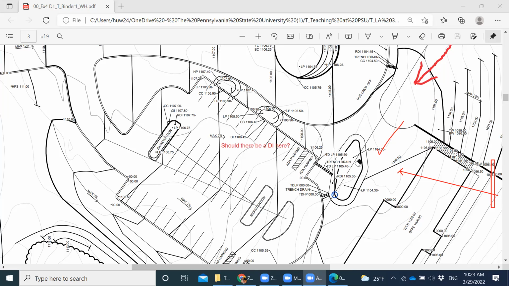Inevitably, it's going to be dirty water mixed together because that's the lowest point. So your trench drain will start here because there's no way for you to treat that water besides getting it into the cell. So this is definitely mixed.